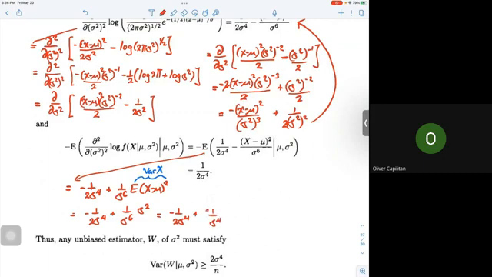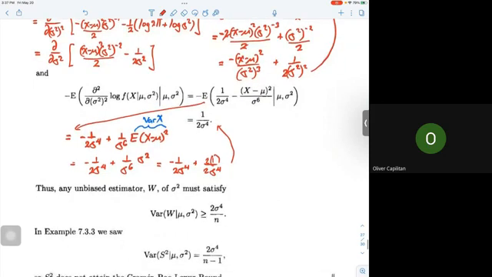Well, this is the same as 2 over 2, they're the same. And we have these results: negative 1 over 2 sigma to the 4 plus 2 over sigma to the 4. Then we have here positive 1 over 2 sigma to the 4.